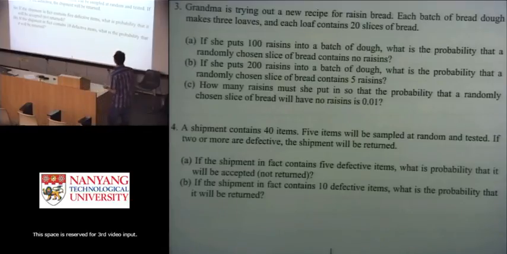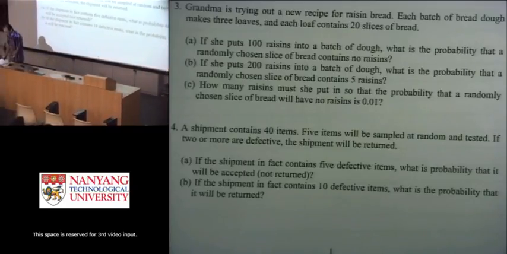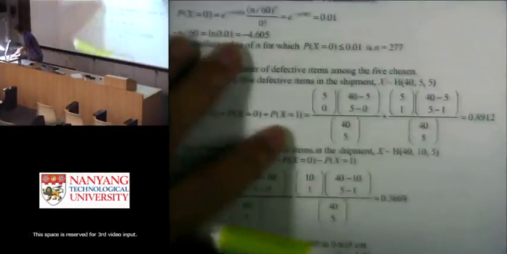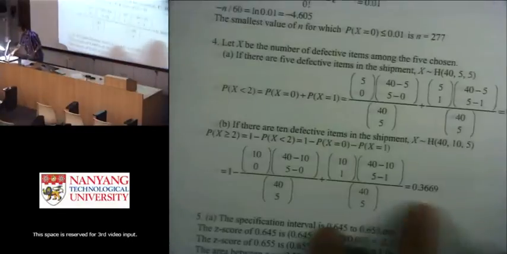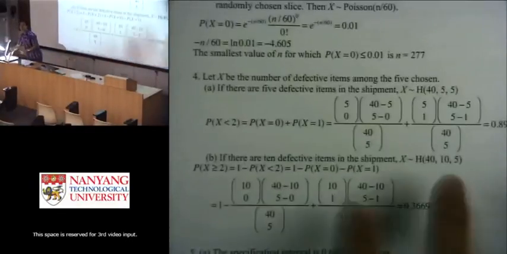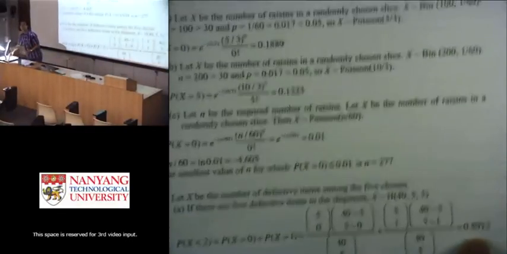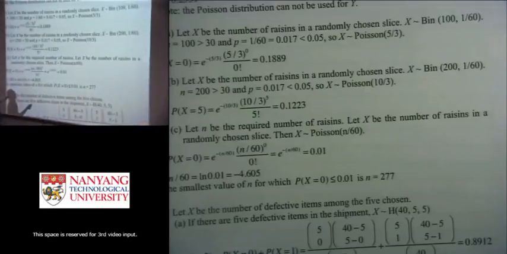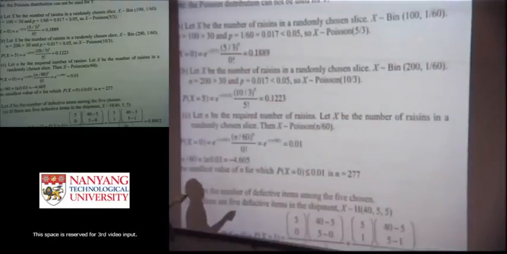So we can see if X is the number of raisins in the randomly chosen slice, X should satisfy a binomial distribution, and the number of trials is 100, and the success probability is 1/60.